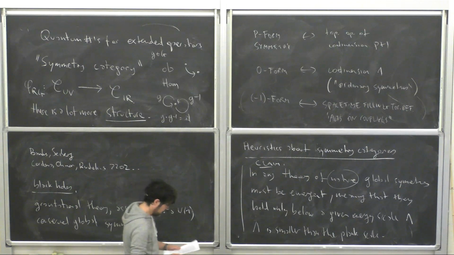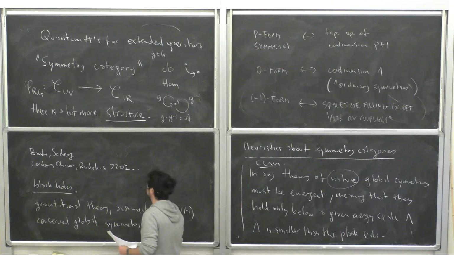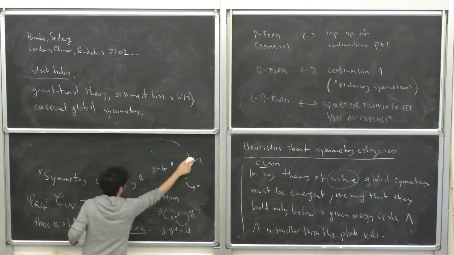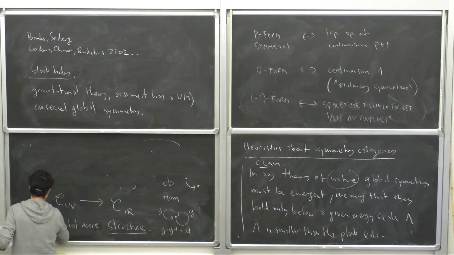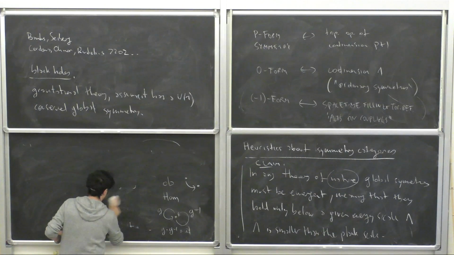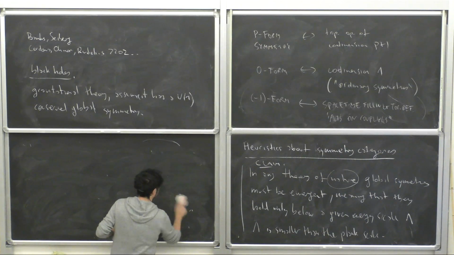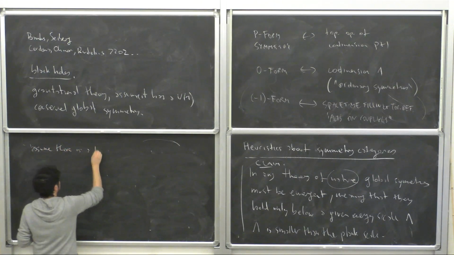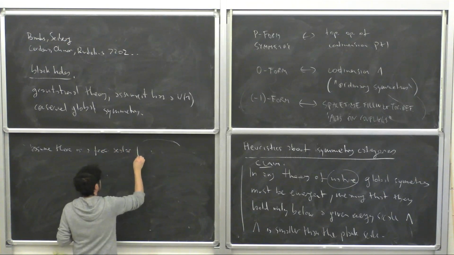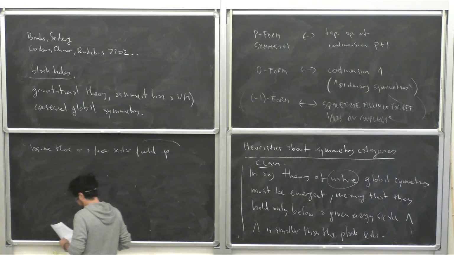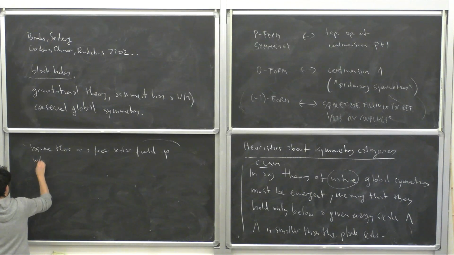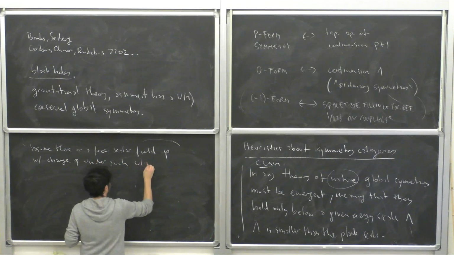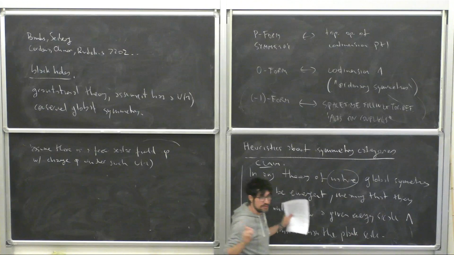And assume also that there is a free scalar phi that has a charge Q under such U(1) global charge. Otherwise, it is free.